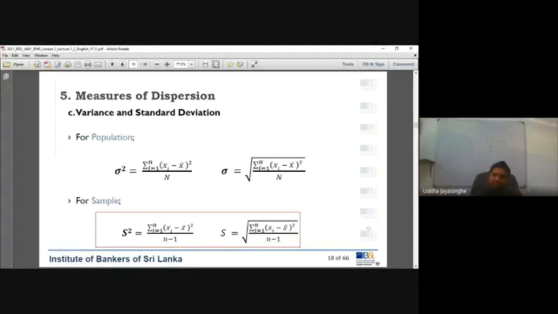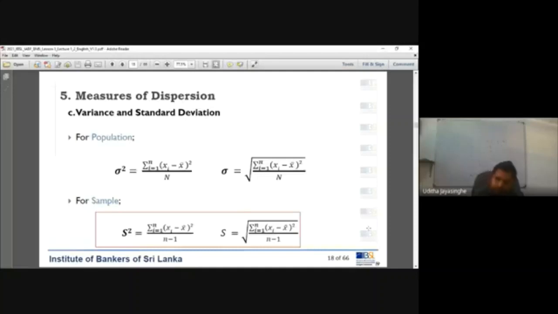But of course, this n and n minus 1 is nothing testable at the examination, and in the interest of time, we cannot unfortunately go into a lengthy discussion. But I implore you, if you're really interested, there are plenty of discussions on why it is not simply n, but n minus 1. Bear in mind, it's the only difference for a variance and standard deviation calculation in a sample versus the population.